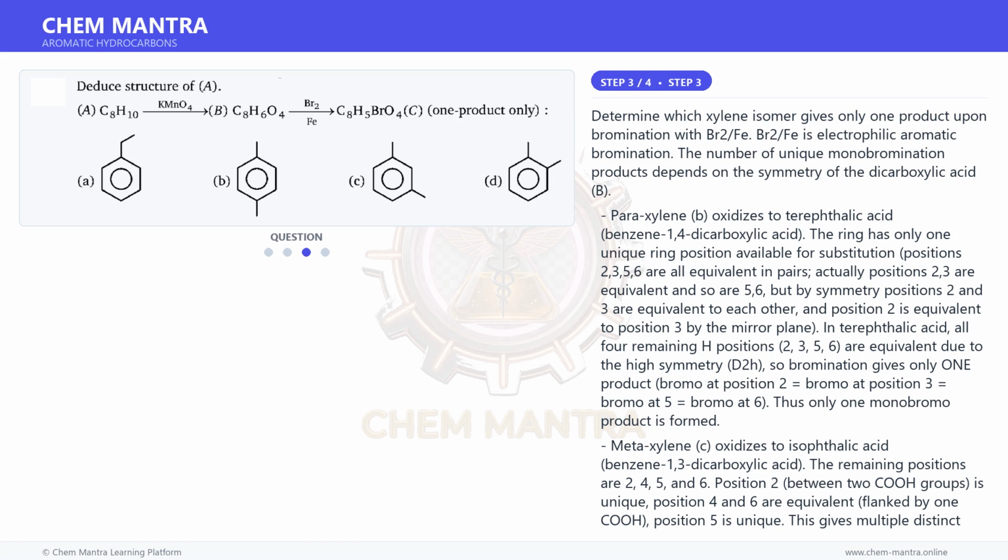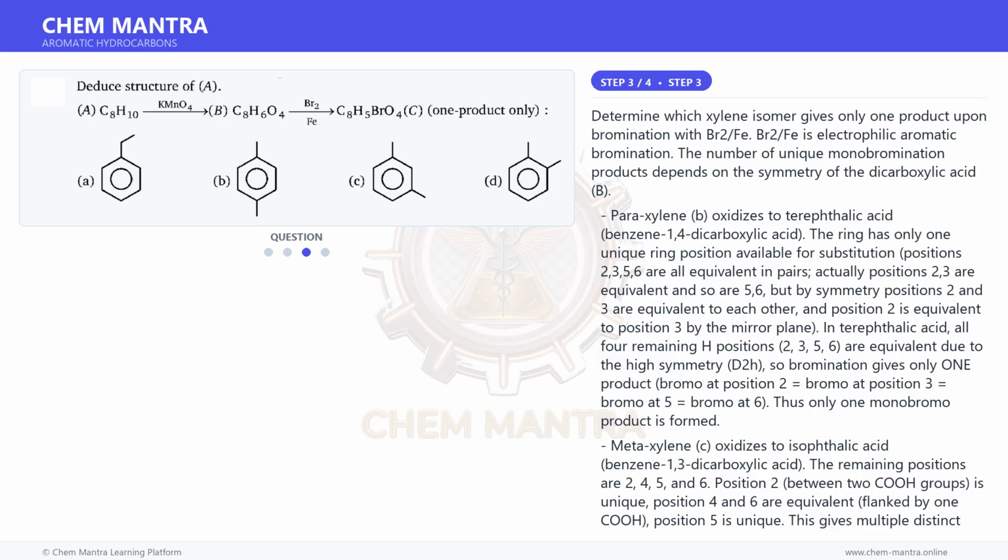In terephthalic acid, all 4 remaining H positions, 2, 3, 5, 6, are equivalent due to the high symmetry, D2h, so bromination gives only one product. Bromo at position 2 is equal to bromo at position 3, is equal to bromo at 5, is equal to bromo at 6. Thus only one monobromo product is formed.